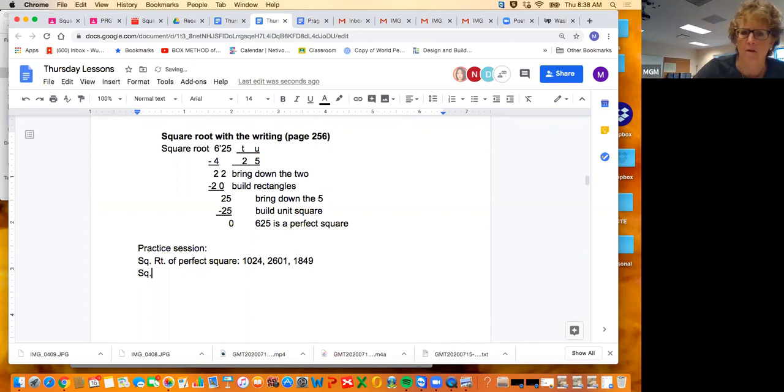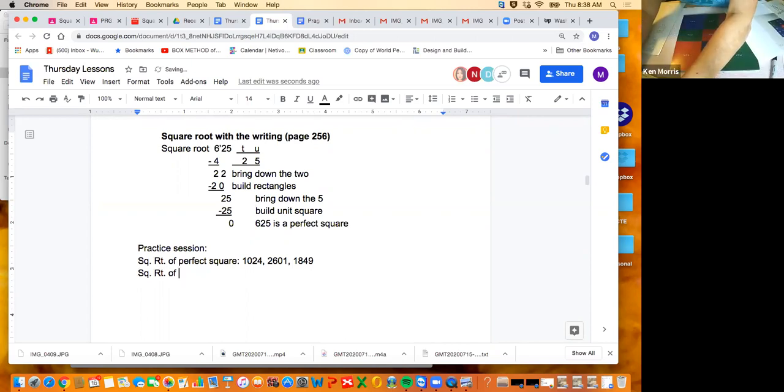And then square root of non-perfect squares. In other words, you're going to have a remainder.